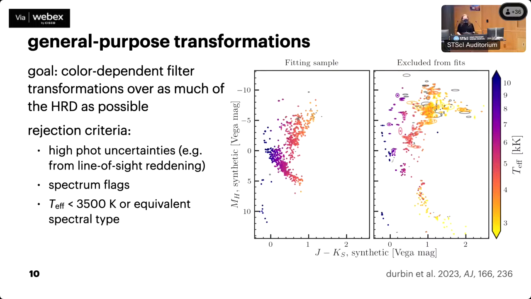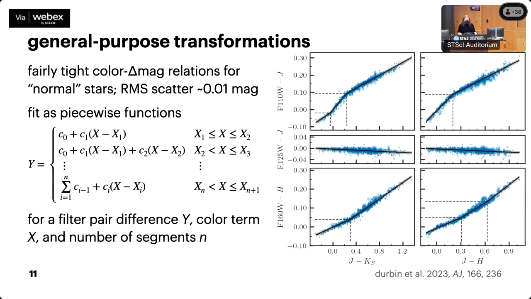This is pretty similar to what the Euclid folks did for their filter transformations, where they had one set of transformations for O through K stars and another for MLT types. So for the well-behaved, quote-unquote normal stars, the overall dependence of the HST versus 2MASS filter differences follows a pretty tight relationship with color.